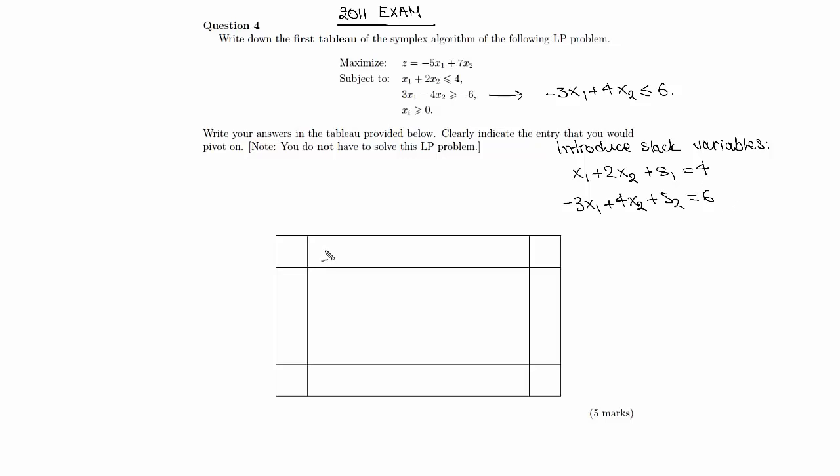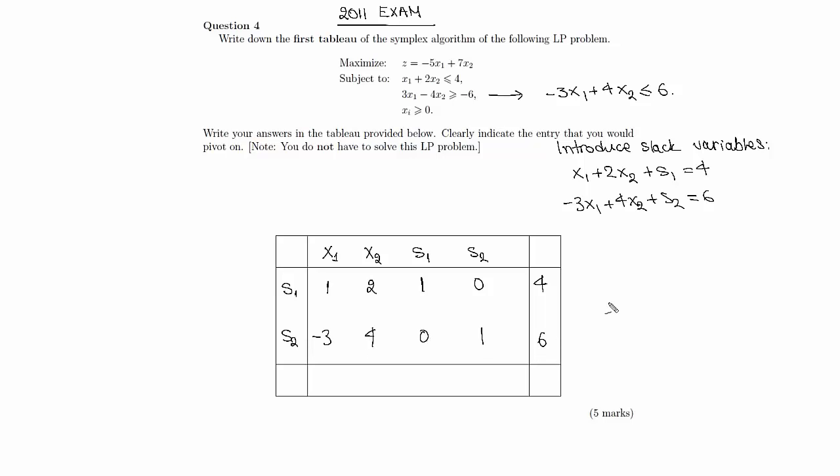First we're going to write our variables x1, x2, s1, and s2. And then our basic variables will be s1 and s2, which are the slack variables. So now we're going to put the coefficients into the tableau. We have 1, 2, 1, 0, and 4; -3, 4, 0, 1, and 6.